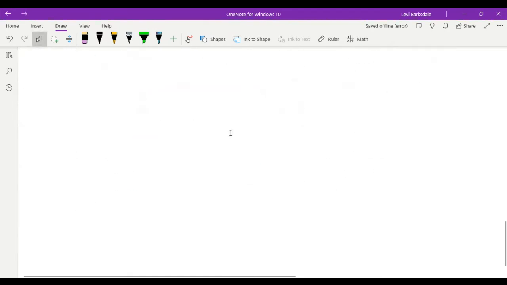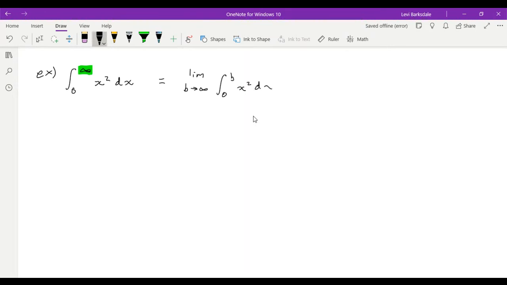So let's go ahead and do a couple of more concrete examples. Let's say we had the integral from 0 up to infinity of x squared dx. This is a pretty simple, straightforward example. But in this case, our problem spot is the infinite limit. So we would need to rewrite that using a limit statement. The limit as b goes to infinity, integral from 0 up to b of x squared dx.